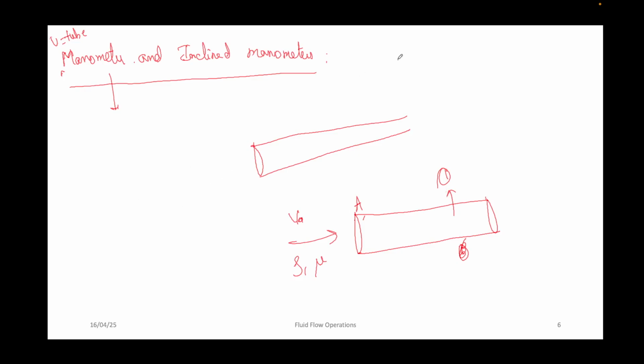So whenever there is a flow, if you connect this manometer, so manometer is basically instrument which is filled with any liquid like mercury. Okay, so this is already filled with, let's say, mercury. You can also use alcohol depending upon your application. Okay, and the water flowing, it will exert a certain pressure here.